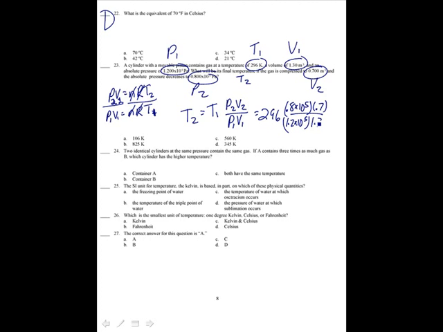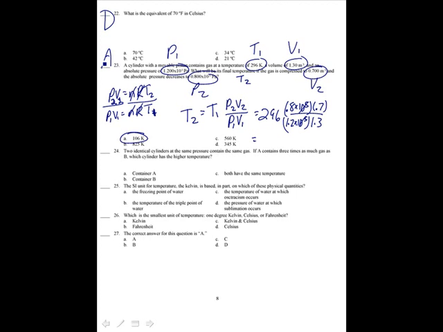I'm just going to get rid of these 10 to the 5ths to make the calculation a little easier. So I'm looking at 296 times 0.8 times 0.7 divided by 1.2 and divided by 1.3. Let's see, I get 106 Kelvin, so it's A.